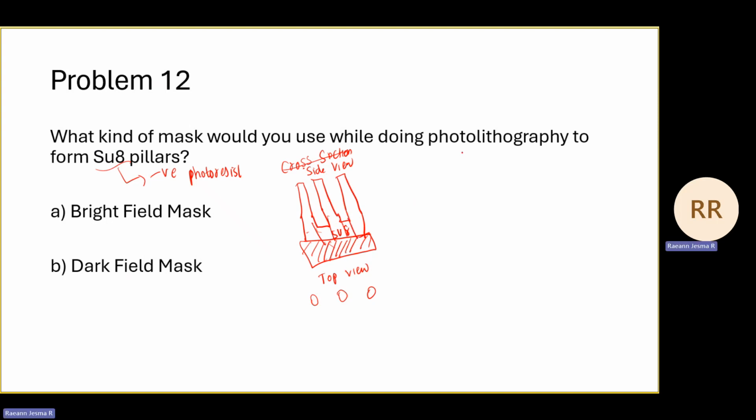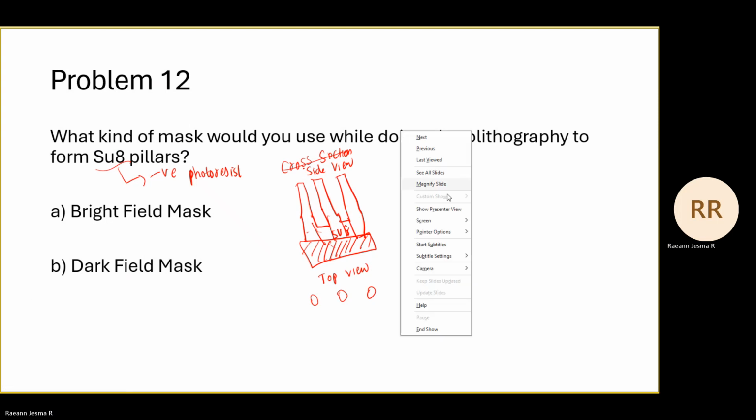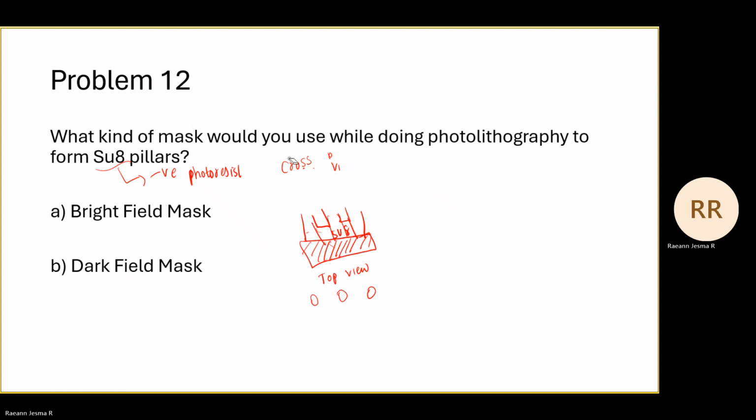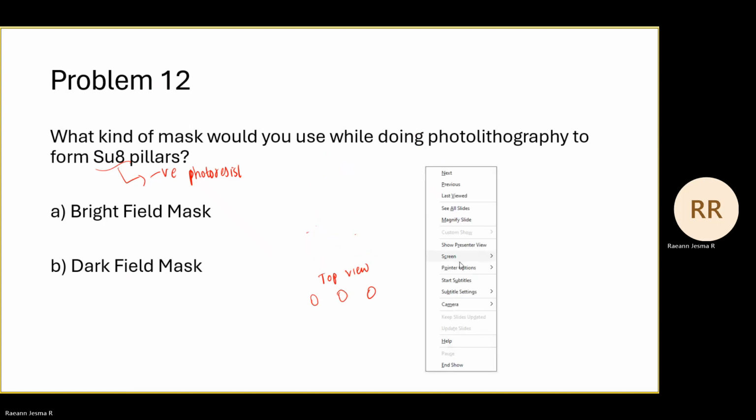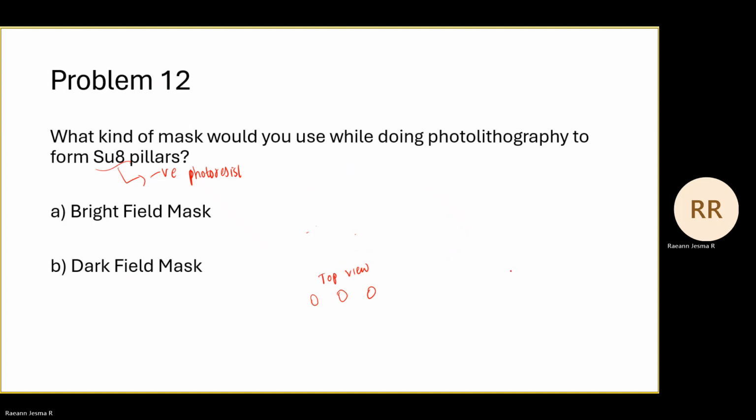Sorry, I'll draw this again. Okay, so what we need is some pillars on top of a substrate.